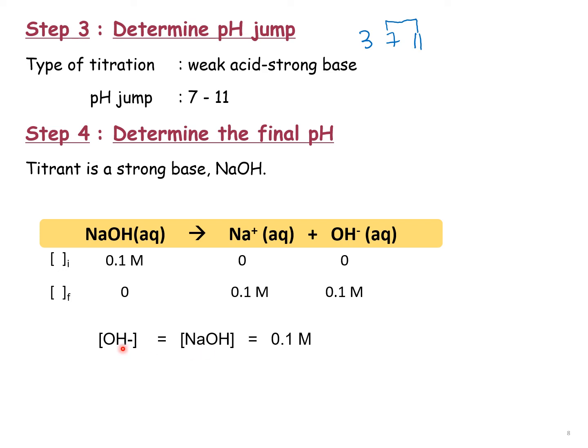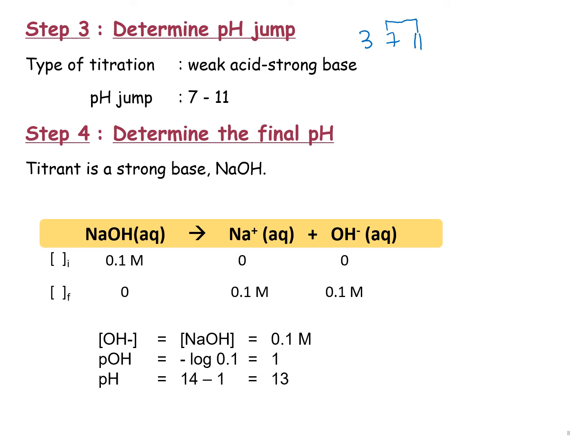Okay, so concentration of OH minus equal to concentration of sodium hydroxide is at 0.1. Jadi cari pOH, negative log OH minus equals to 1. Find the pH by 14 minus the value of pOH. So the pH of the system is 13.